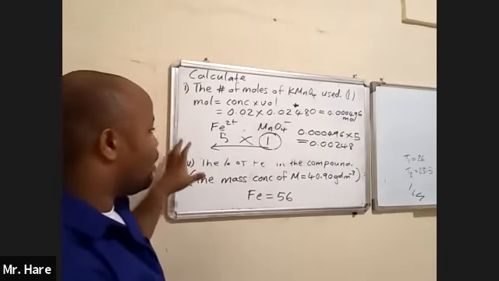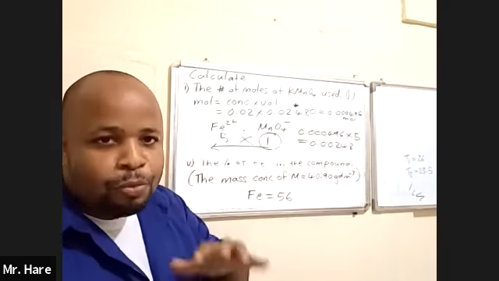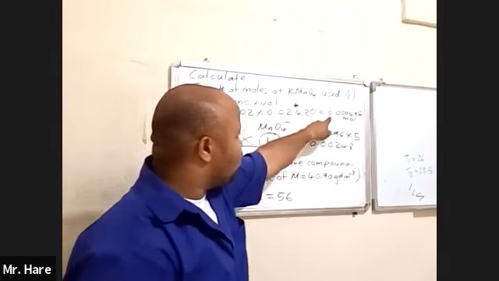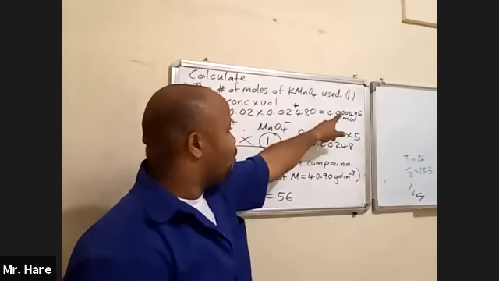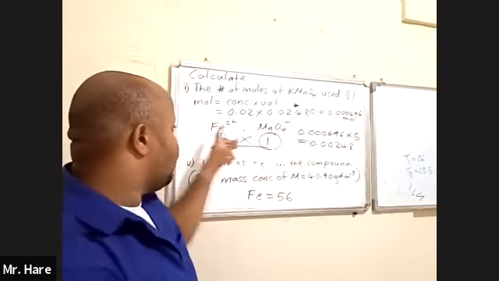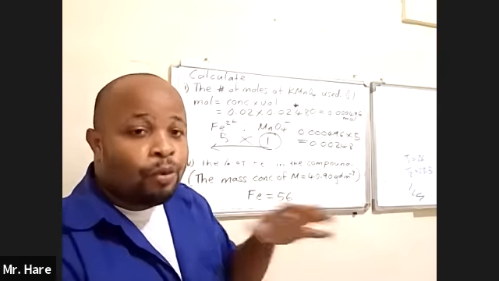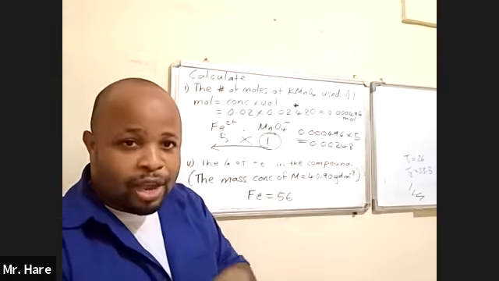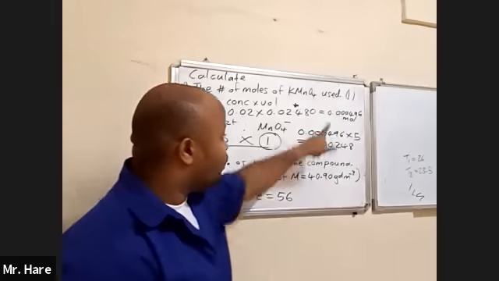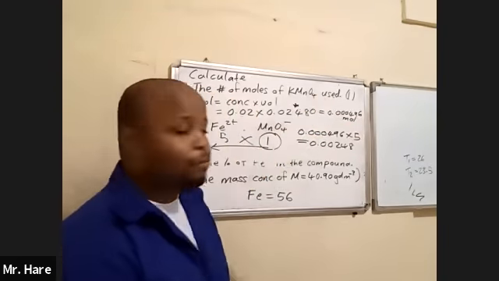To get the moles of iron in 25 cm cube, remember it was 25 cm cube that was used in the titration. So this amount of moles of KMnO4 reacted with the amount of moles of Fe2+ that was in the 25 cm cube. So whatever amount of moles of iron that was in the 25 cm cube, it reacted with 0.00496 moles of KMnO4.